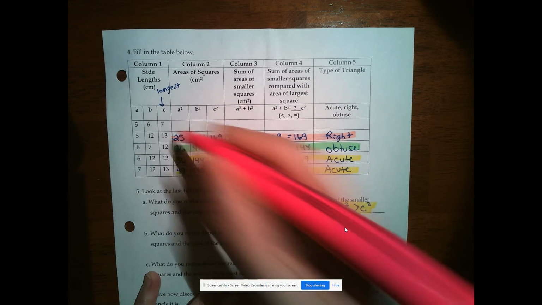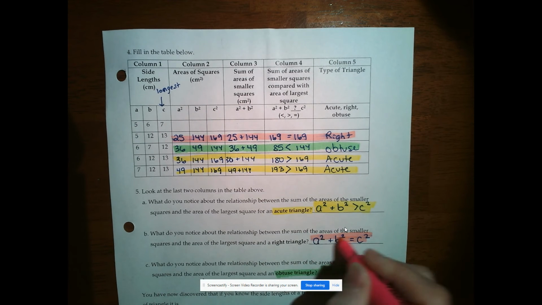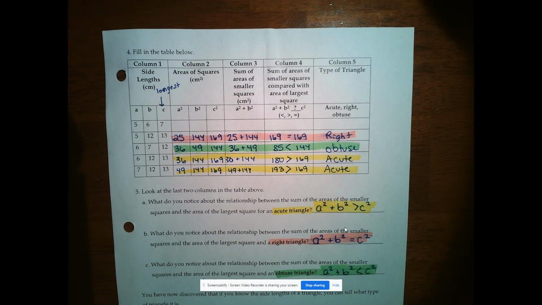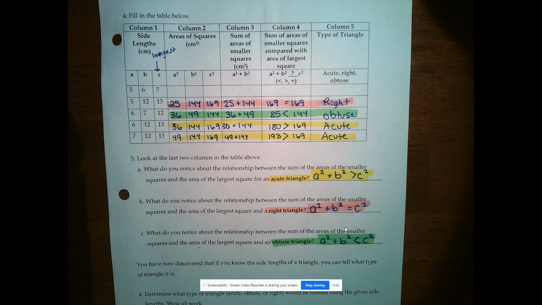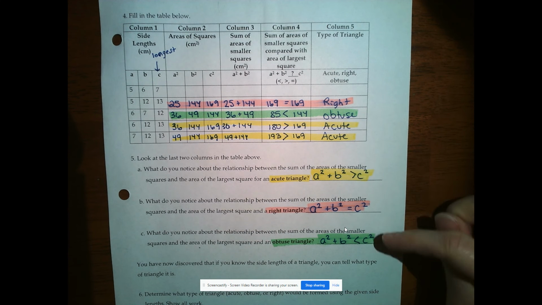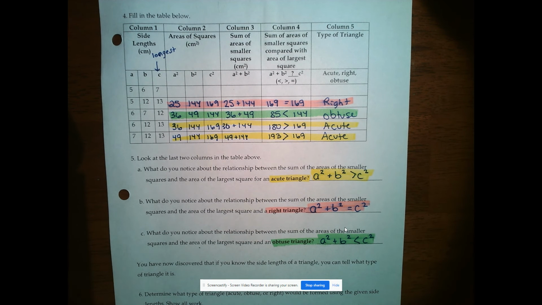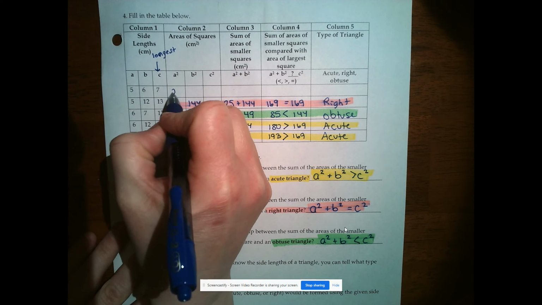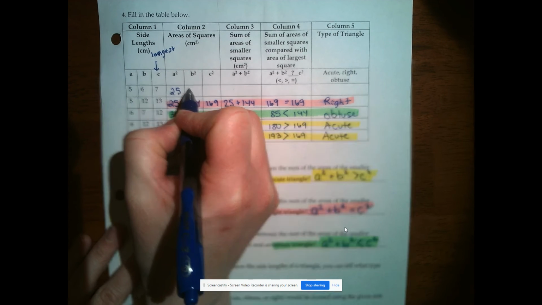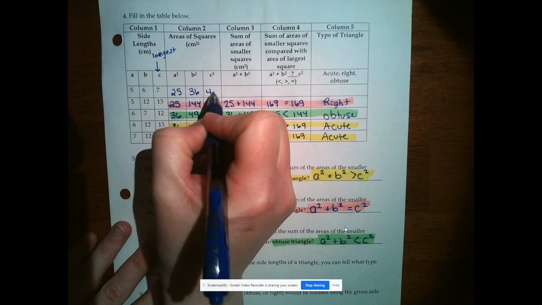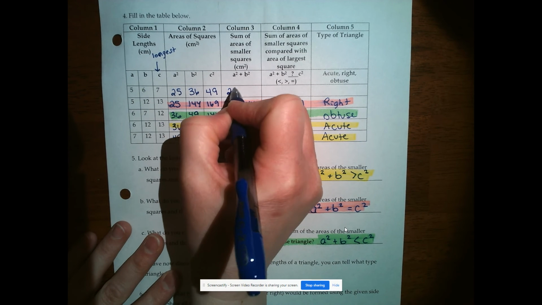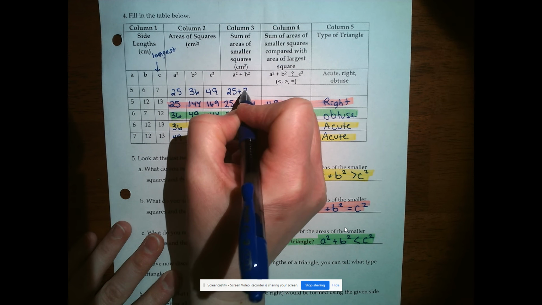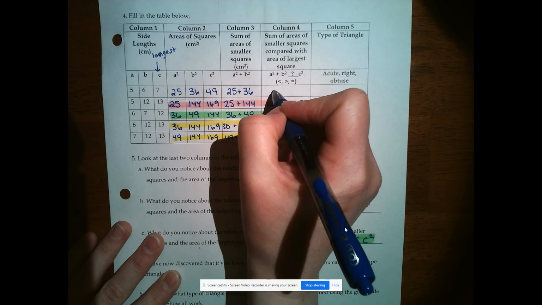Now, the first one, we were having a really hard time telling whether it was going to be acute, right, or obtuse. Well, we're at a point now where we've made relatively decent hypotheses about how to tell if it's acute, right, or obtuse. So instead of building it, let's look at the numbers. 5 squared is 25. 6 squared is 36. 7 squared is 49. Does a squared, 25, plus b squared, 36, compare to 49?